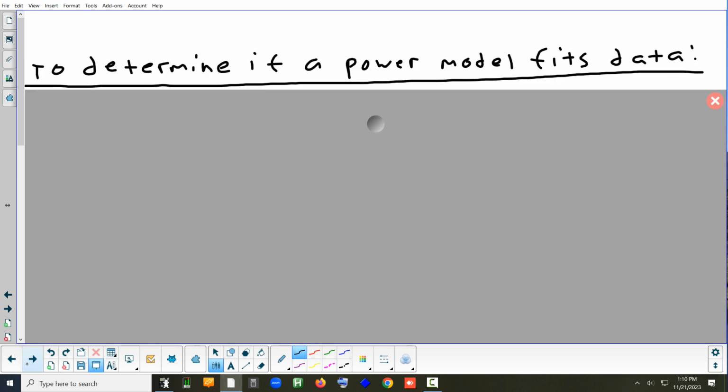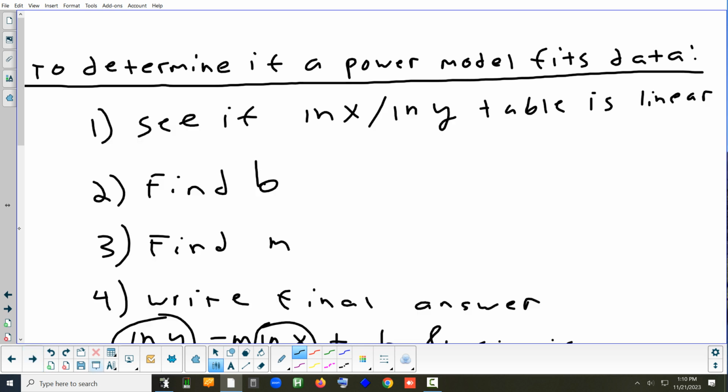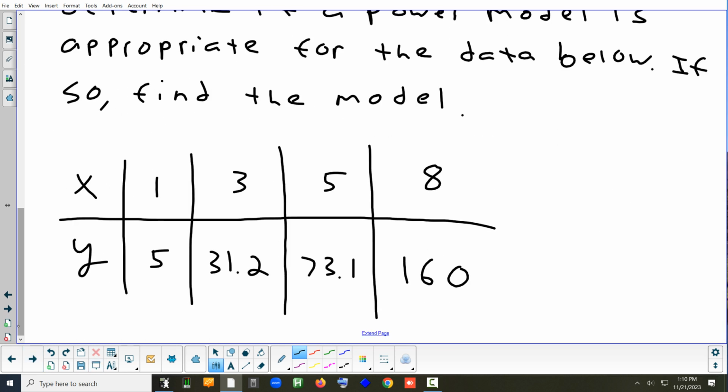All right, so let's write down the steps that we use to determine if a power model is going to fit our data. First thing that's going to happen, they're going to give you a table of data like this. We're going to do this one together. You have to take all the numbers in this table, and you have to take the natural log of each one of them.